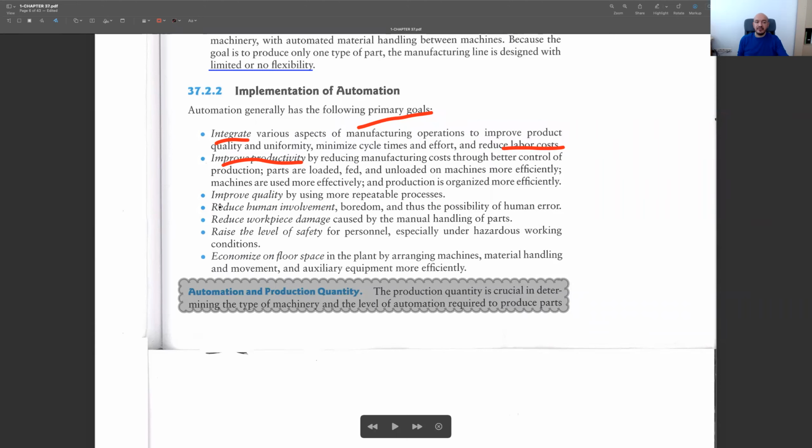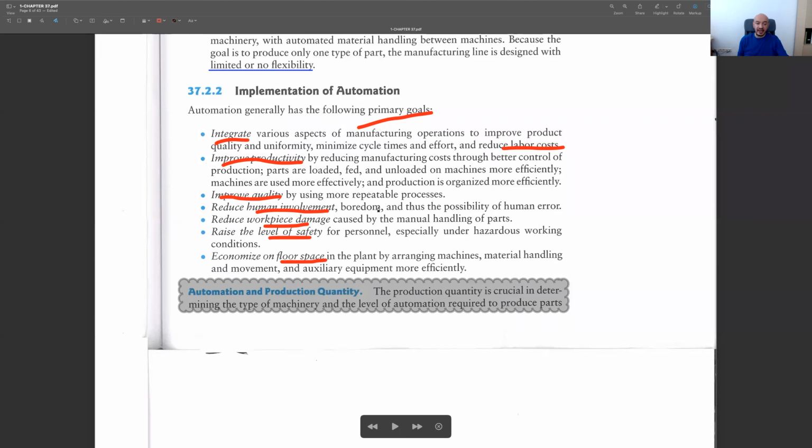products. With automation, we would like to increase the quality of the products, reduce the human involvement, have less engineering efforts, have less labor efforts. We are trying to reduce damages on the work pieces. We are trying to increase the level of safety for labor, and we also would like to decrease the space we are using on the factory plant.